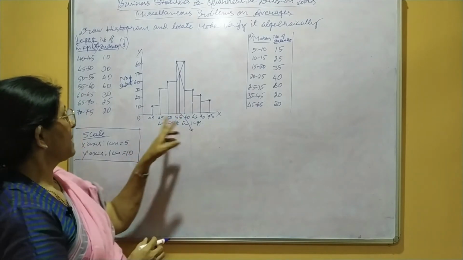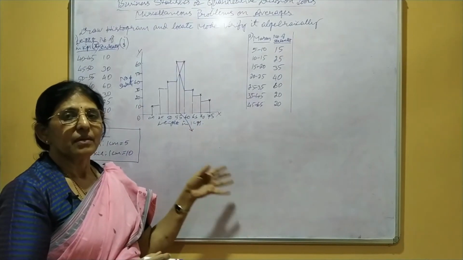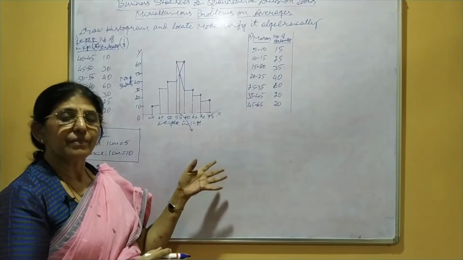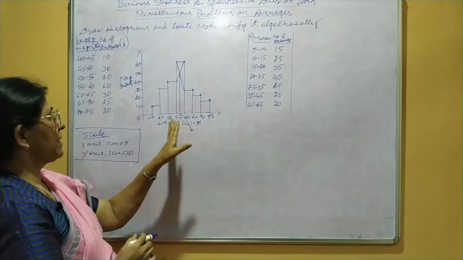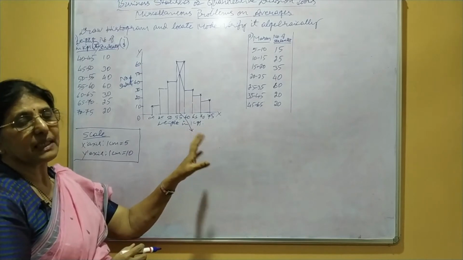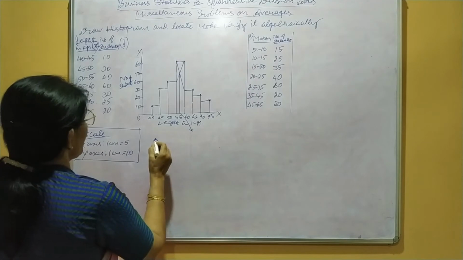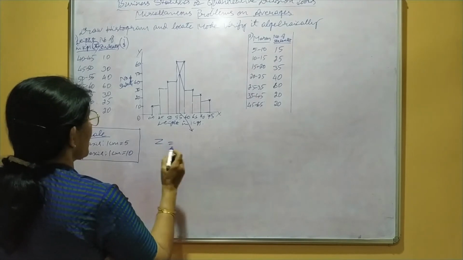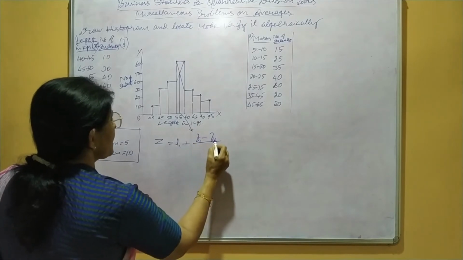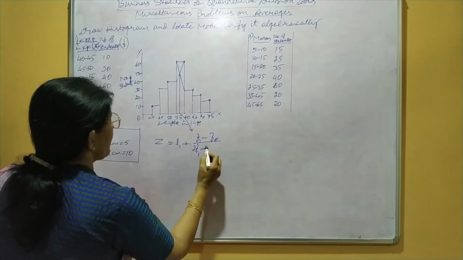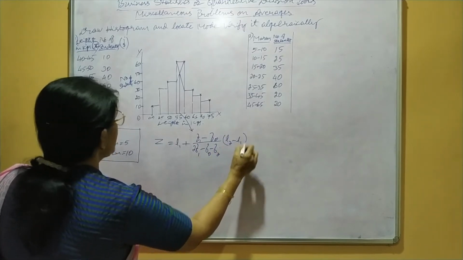On the graph sheet, fractional values cannot be located exactly, but you may give the round figure or even a fractional value to a certain extent, like 0.5, approximately. With the algebraic formula we calculate z equals L1 plus (f1 minus f0) divided by (2f1 minus f0 minus f2) into (L2 minus L1).